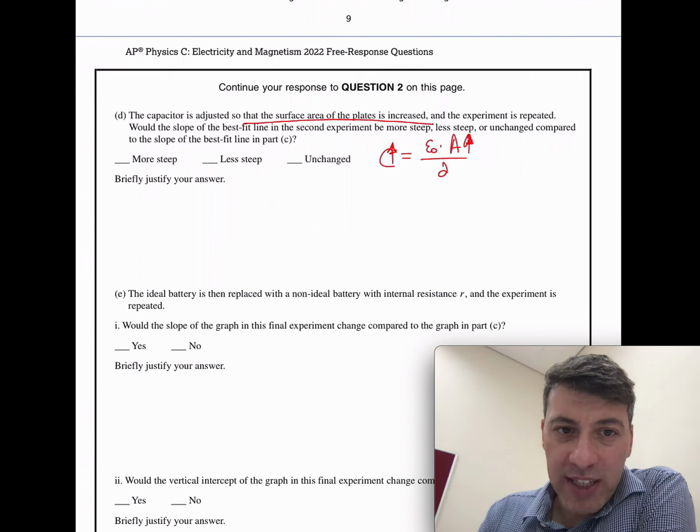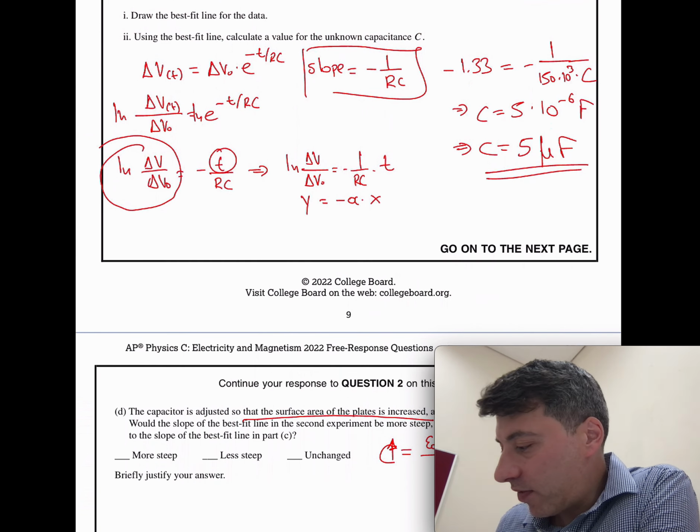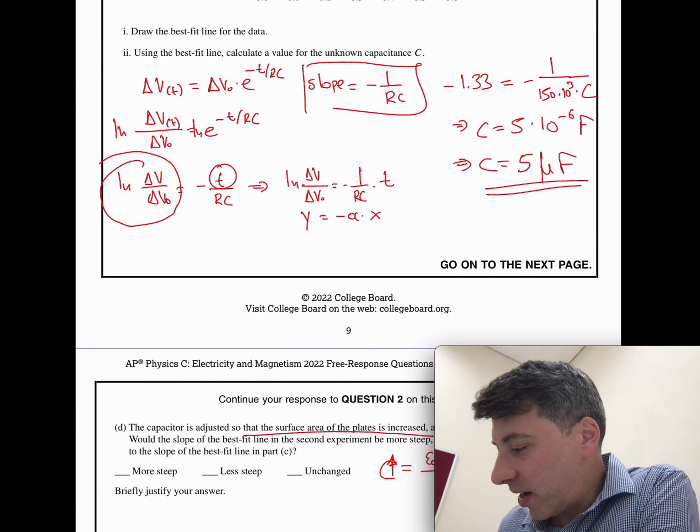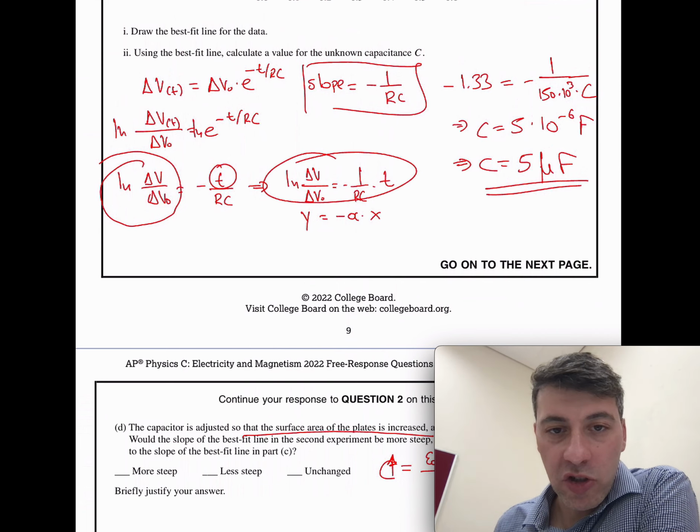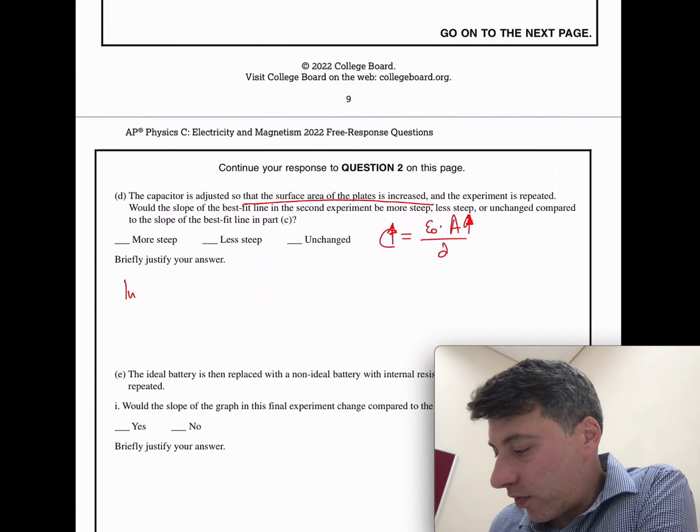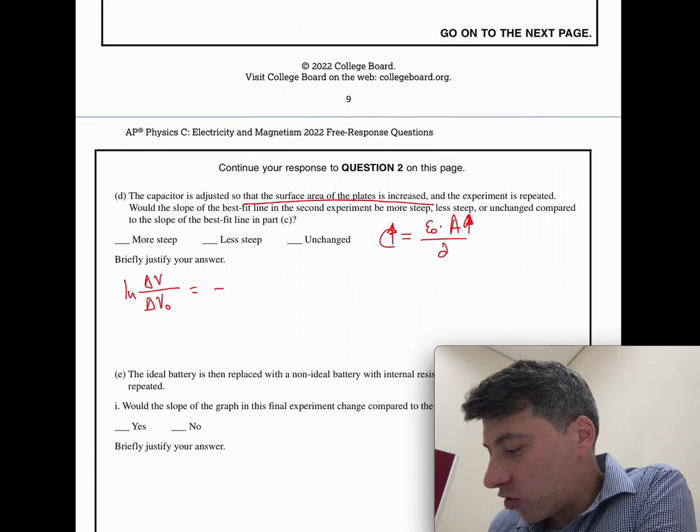And we need to figure out what's happening to the slope of this graph. For this reason, I will bring this part of the formula, so ln of delta V over delta V0 is equal to minus 1 over RC times the t.